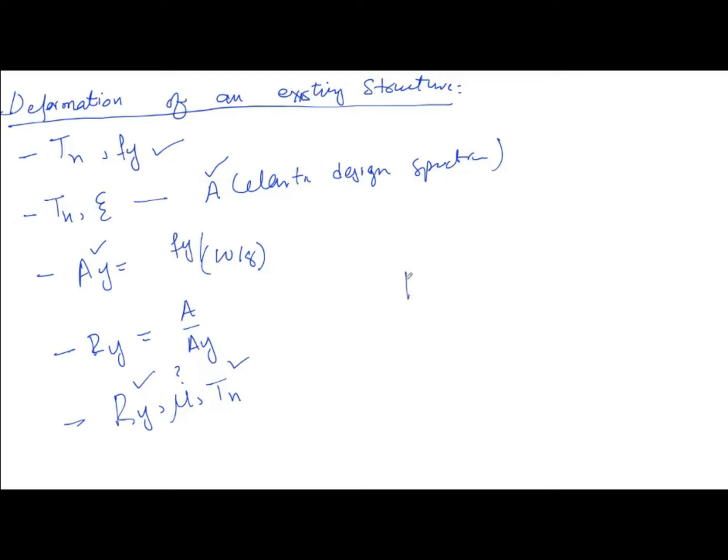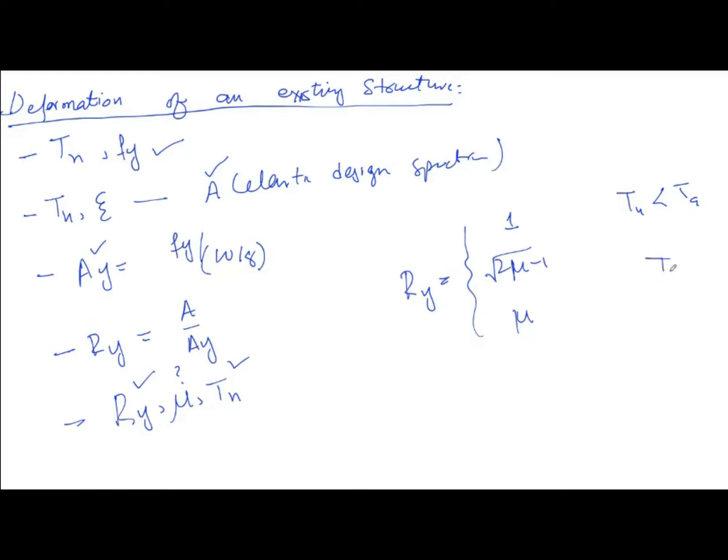Okay, so this is known, we can obtain this using the available equations. For example, that of Newmark, Ry, when it is related to ductility, is square root of 2 mu minus 1, or directly to the ductility, depending on what is the vibration period. If vibration period is less than Ta, reduction factor is just 1.